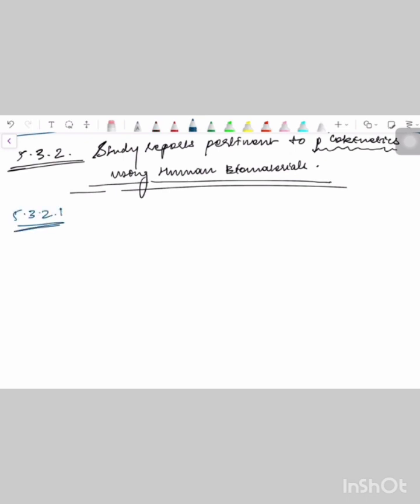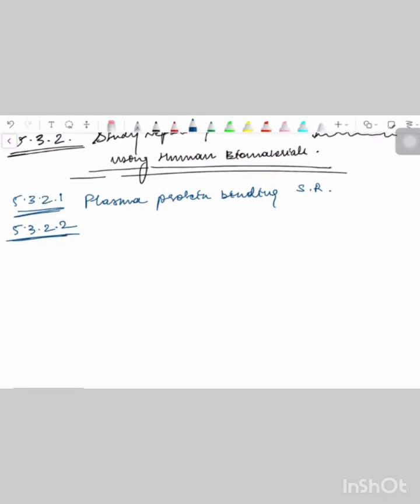5.3.2.1 में प्लाज्मा प्रोटीन बाइंडिंग स्टडी रिपोर्ट्स. प्लाज्मा इट्स अ ह्यूमन बायोमटेरियल. प्लाज्मा प्रोटीन बाइंडिंग की स्टडी रिपोर्ट्स. फिर 5.3.2.2 में रिपोर्ट्स ऑफ हेपाटिक मेटाबॉलिज्म and drug interaction studies.